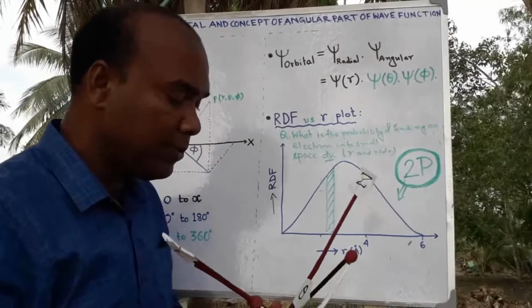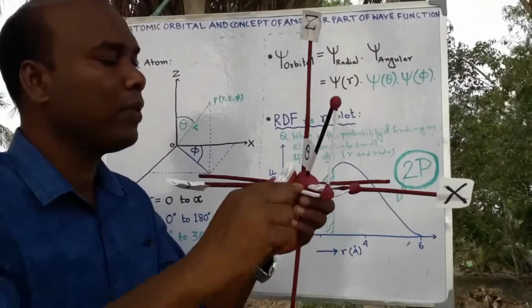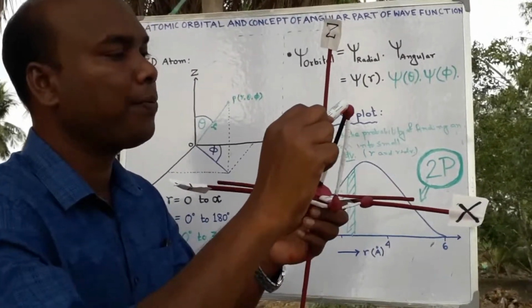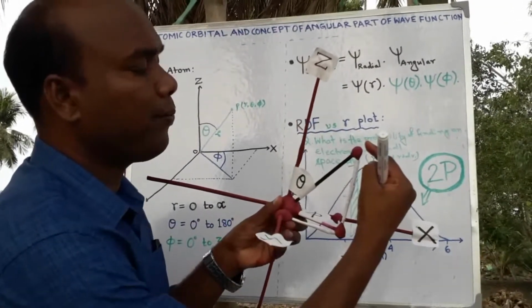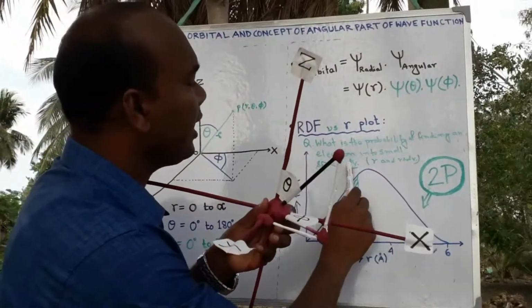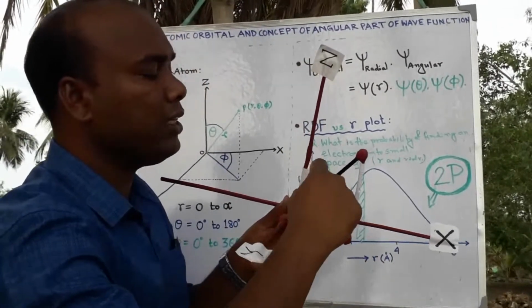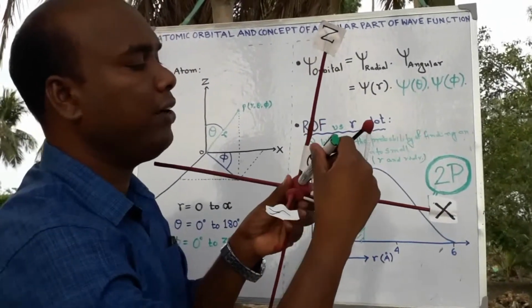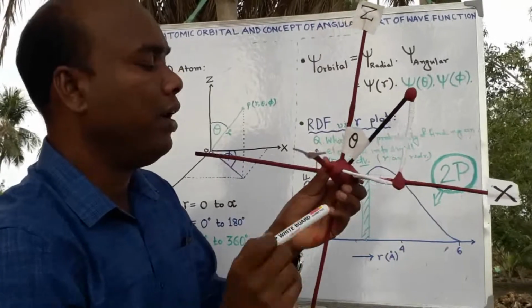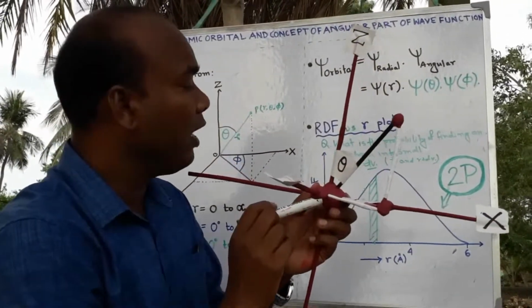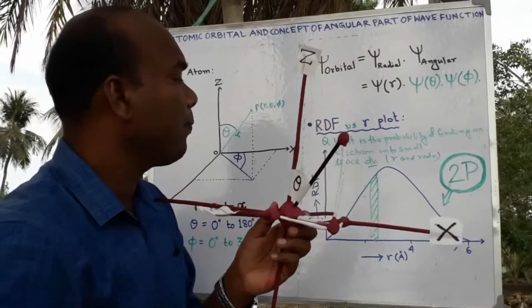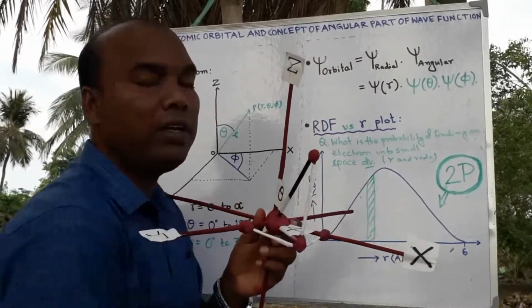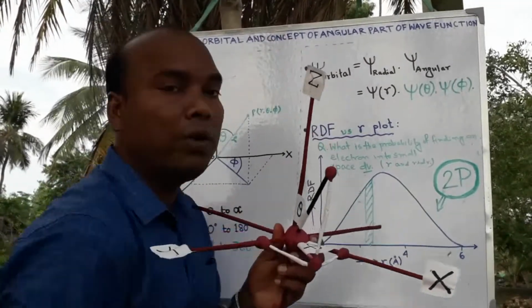Now question is, you see, if this is your r and this is r plus dr, then the direction of dv is in all direction, maybe at that direction, at that direction and at that direction. Now my question is, in what direction of dv this electron cloud is available?